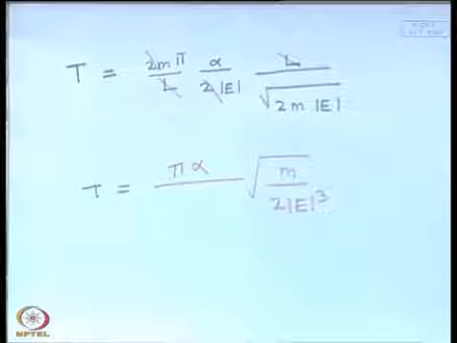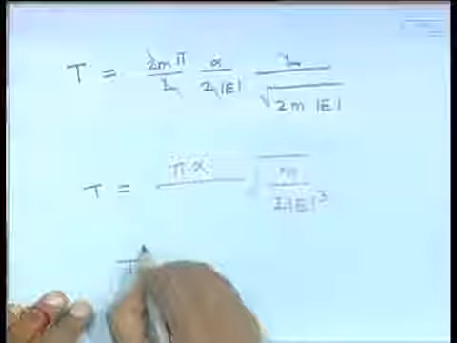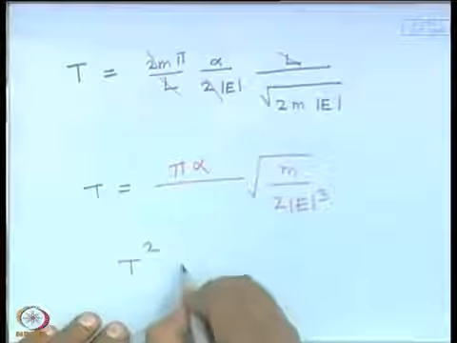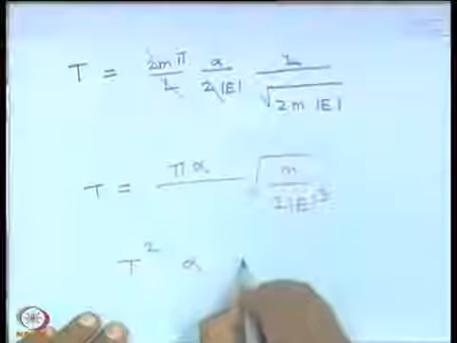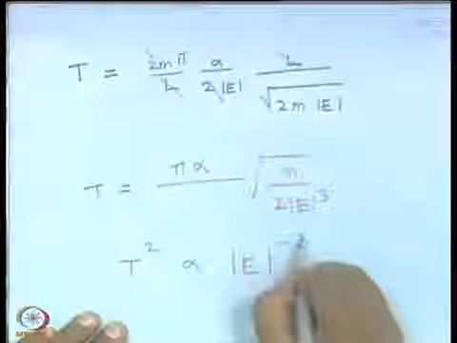So, this is what we get, or the bottom line of this is that T square is proportional to 1 by the energy cube.